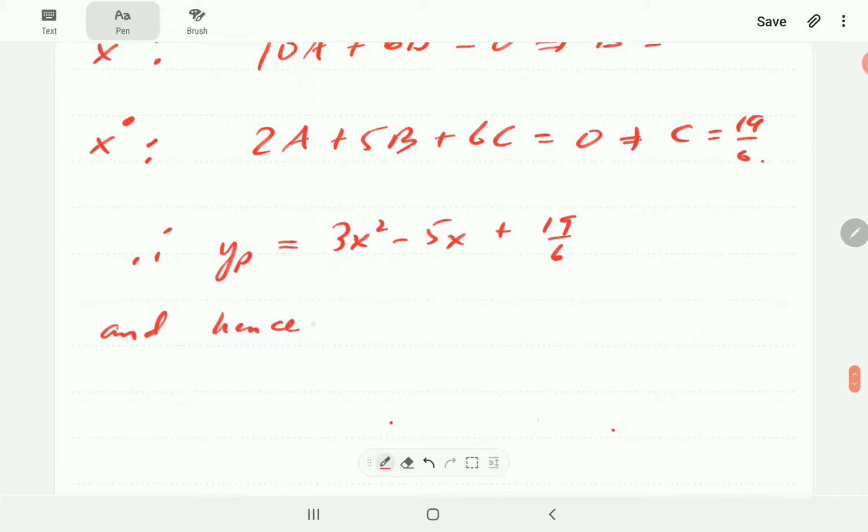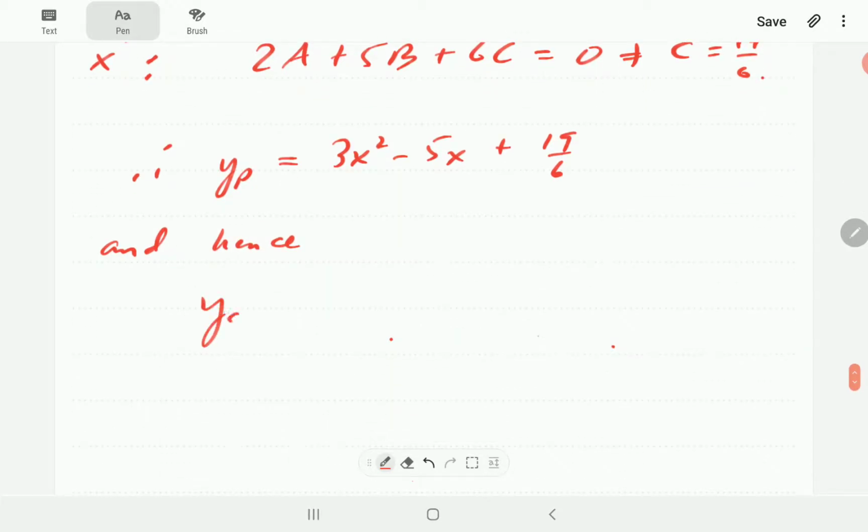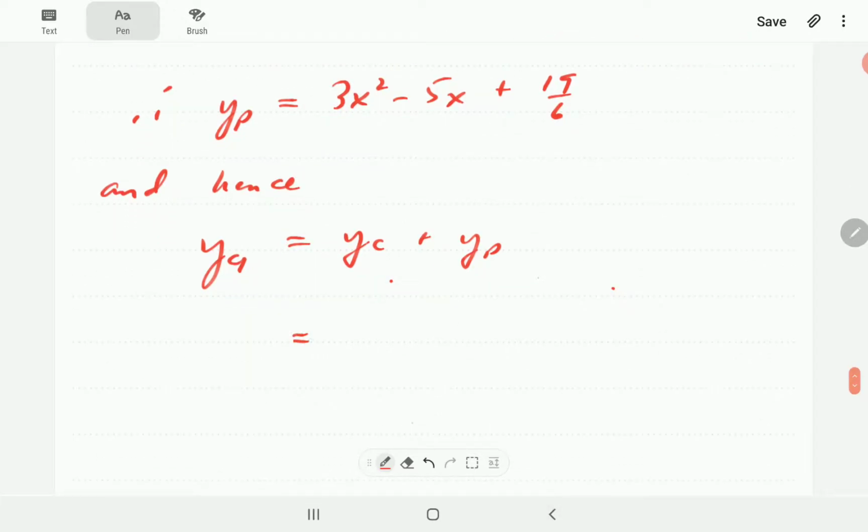So the general solution, which is yc plus yp, is going to be equal to k1e to the -2x plus k2e to the -3x plus 3x squared minus 5x plus 19/6.